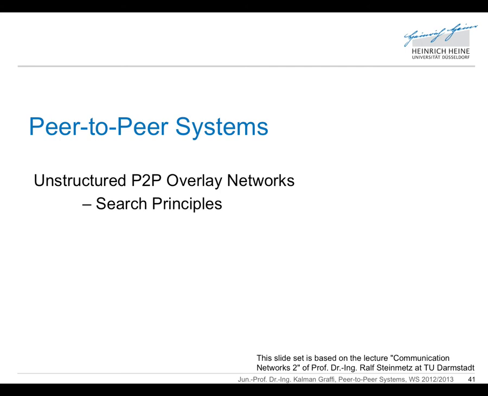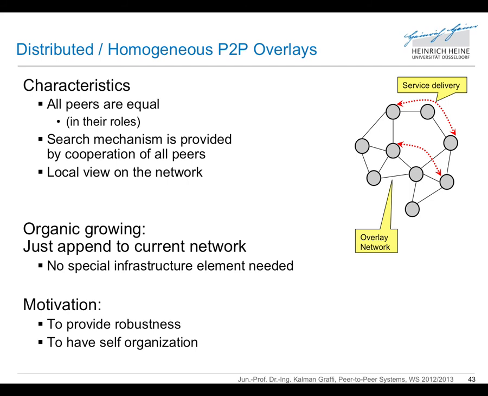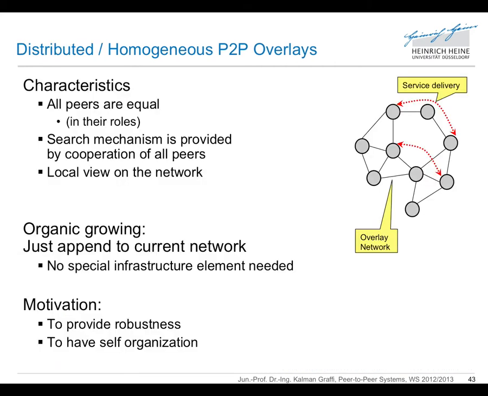Okay, so what happened next? Napster was shut off. Now we come to Gnutella 0.4, and what happened is, Napster was shut off, and in the meanwhile, Nullsoft, the company who also made Winamp, published the software for Gnutella, the code, which had the same functionality but without the server.